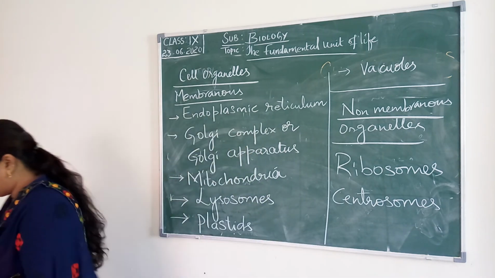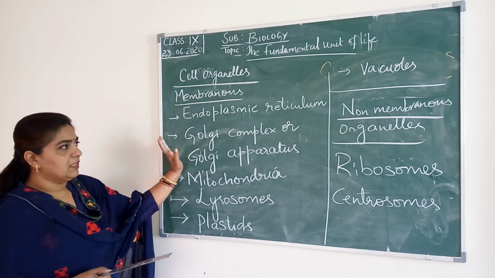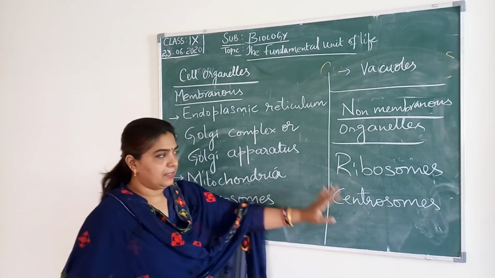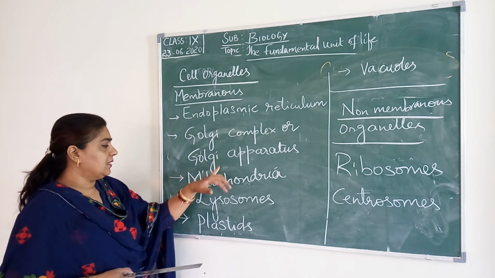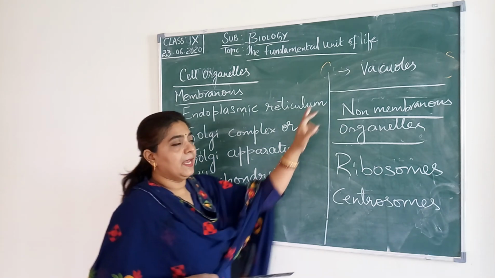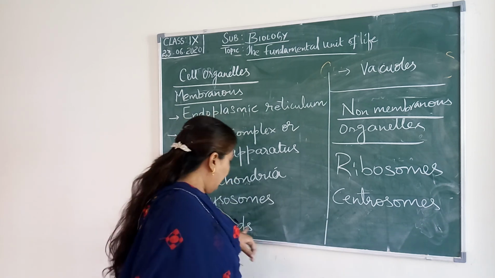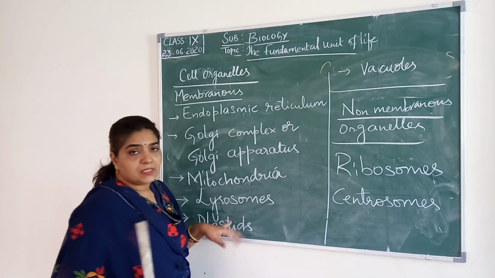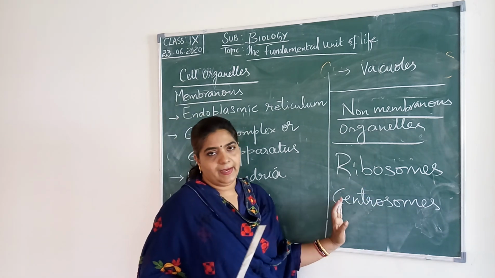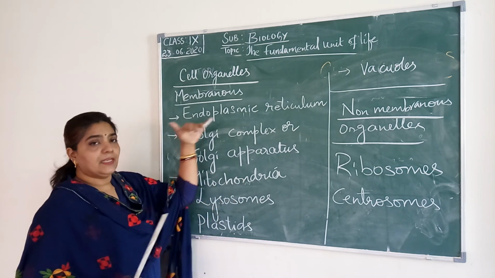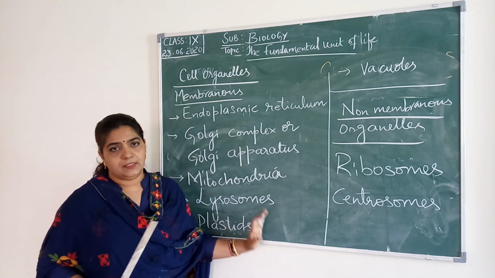Remember the membranous organelles: endoplasmic reticulum, Golgi apparatus, mitochondria, lysosome, plastids and vacuoles. Non-membranous organelles include ribosomes and centrosomes. Plastids and vacuoles are not present in animal cells, and in plant cells centrosomes are absent. In the next video I will teach about the structure and function of each organelle. Thank you, children.